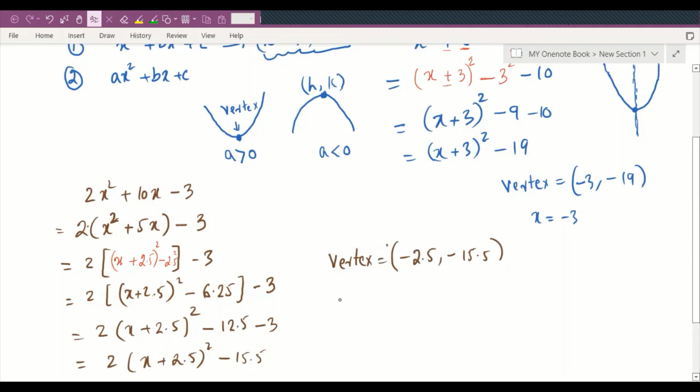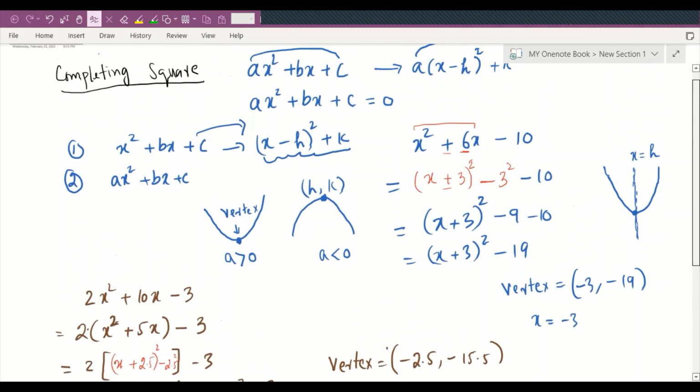The equation of the line of symmetry will be x equals negative 2.5. So this is how we express the given quadratic expression in completed square form.